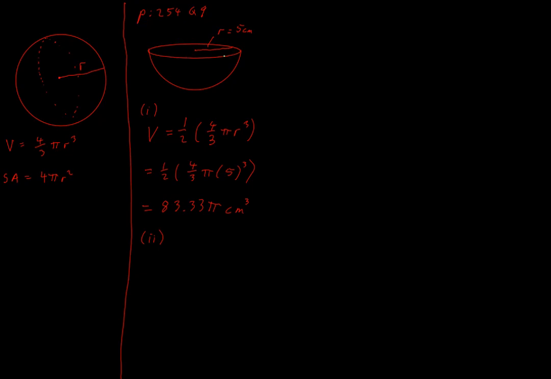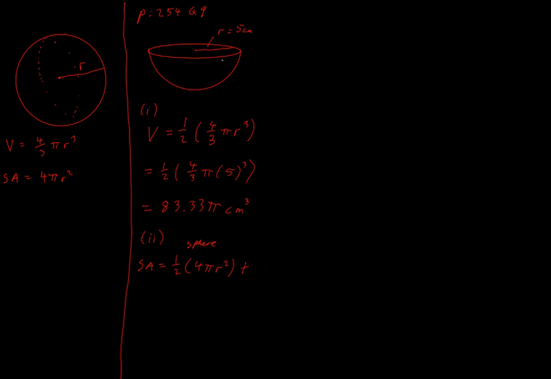So the top of our cut in half marble is just a circle, and then we have half of a sphere for the curved part of the area. So the surface area is going to be half of a sphere, and we know that the surface area of a normal sphere is 4 pi r squared. This is the half, this is the sphere part, plus the area of a circle.